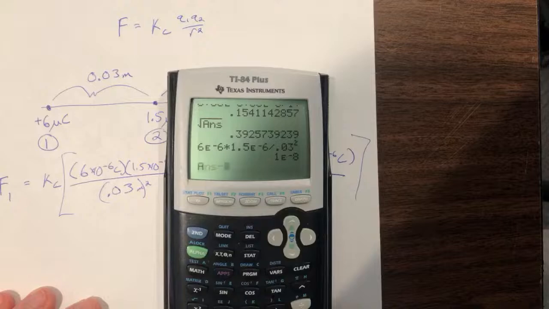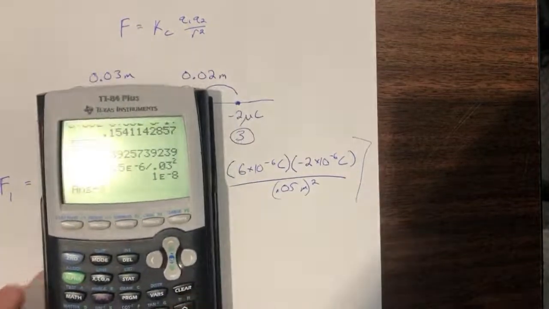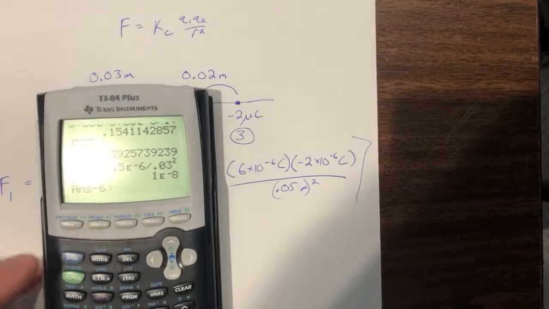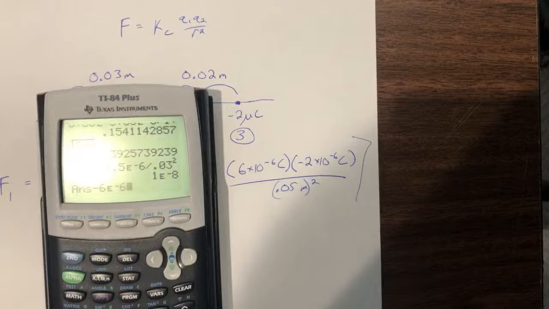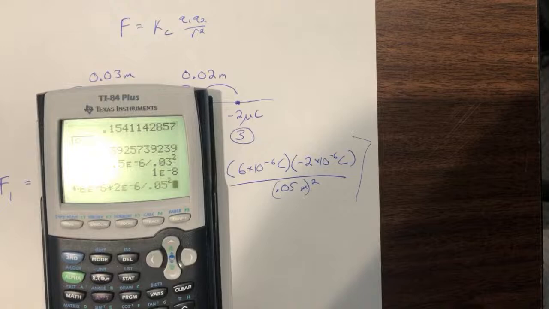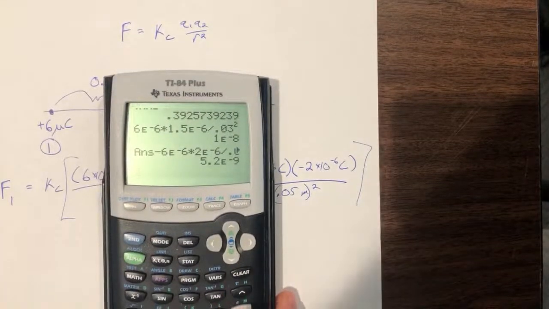And we're going to subtract from that 6 e negative 6 times 2 e negative 6, all divided by 0.05 squared, right? And so we're going to end up with this value right here, but that's not the end.